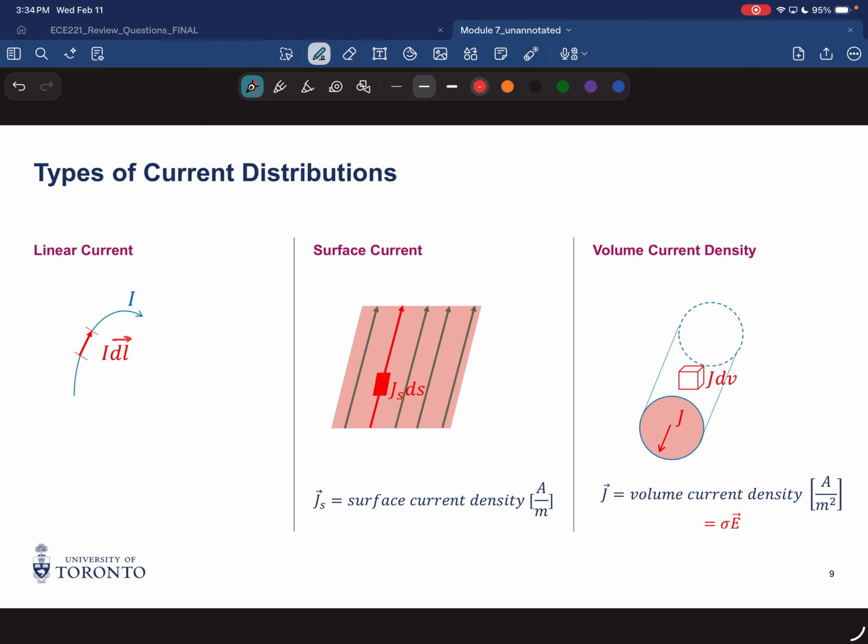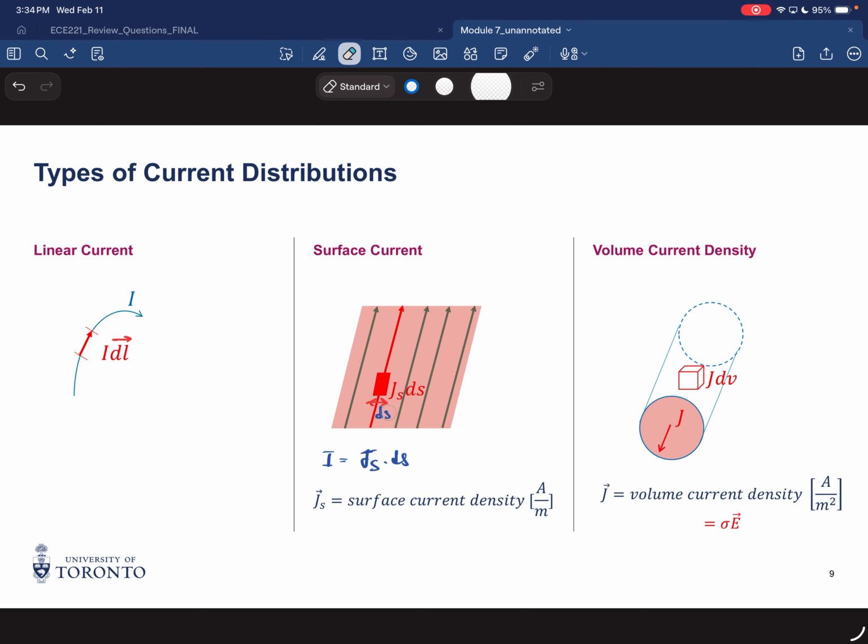Remember this: this is Js, the surface current density, multiplied by ds. ds is a length. We don't want to call it dl because dl is a section of the wire, but ds is like a width. So I is Js multiplied by this ds.